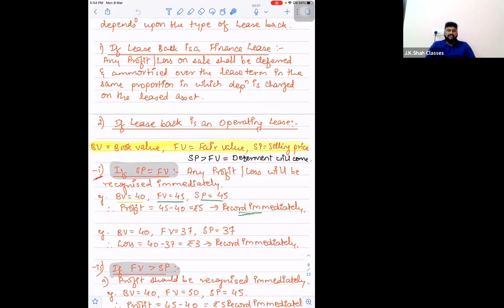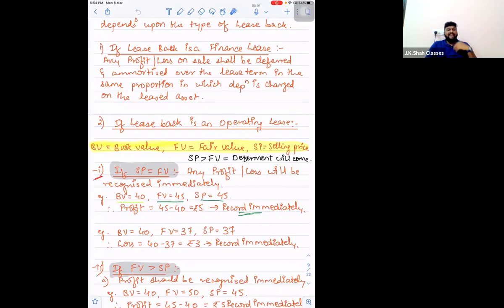Now, sir, before starting the treatment of profit or loss on sale if the leaseback is an operating lease, I would like to put one thumb rule over here. And the thumb rule is, sir, for any asset, there is always a fair value and there is always a selling price. Right?